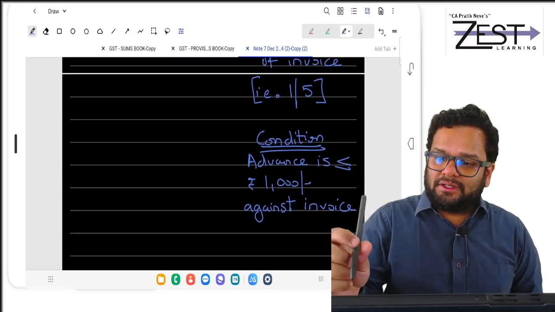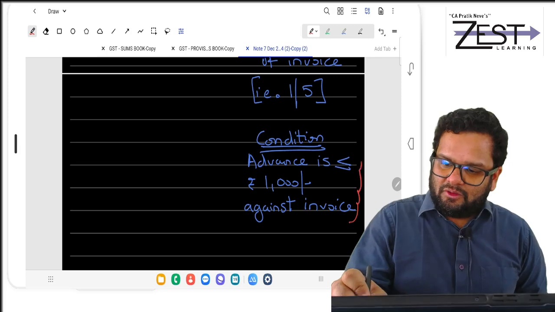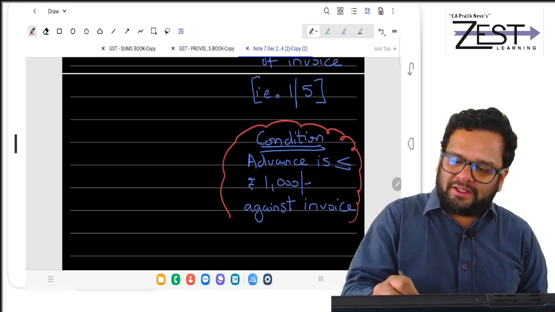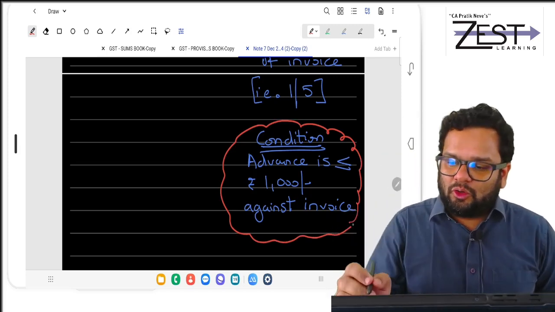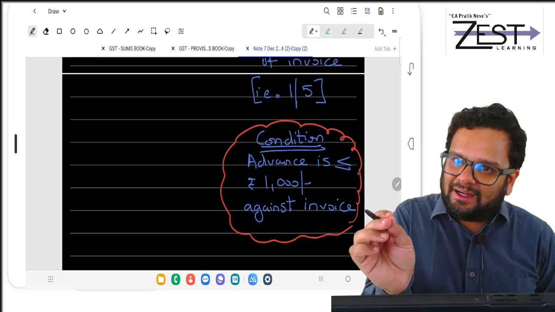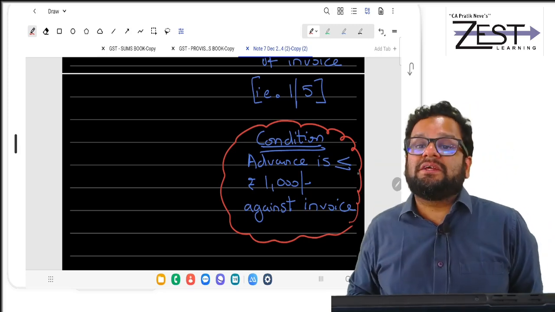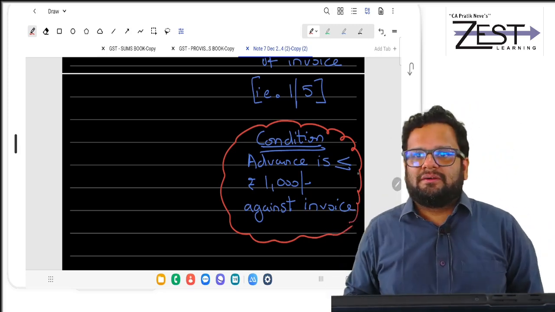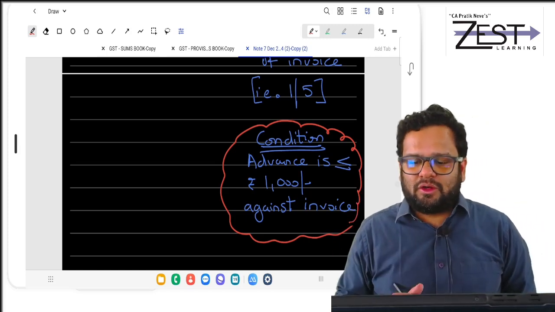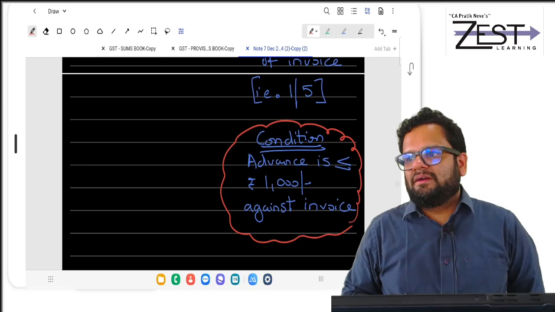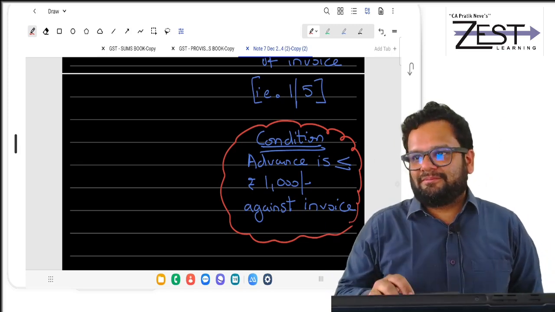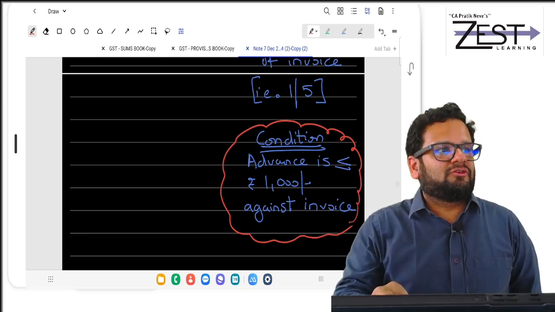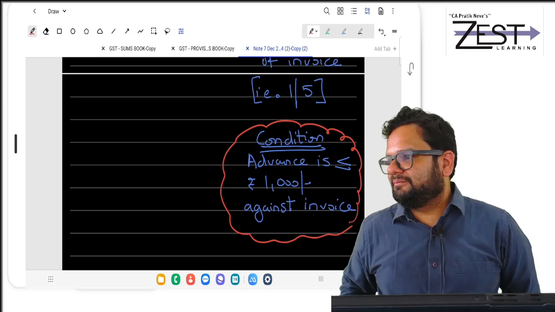This is a very important condition. When can you take benefit of proviso? Only when advance is up to rupees 1000 against an invoice. If it exceeds 1000, directly go to provision. So 1000 is a threshold limit.